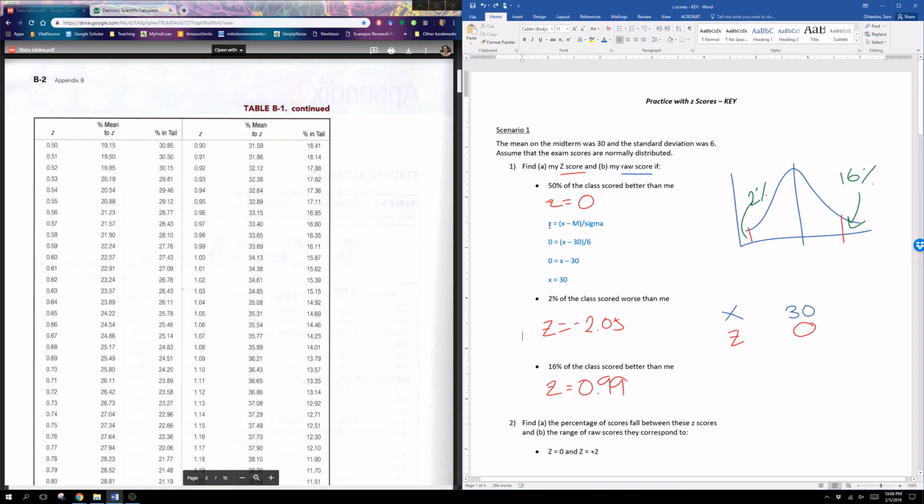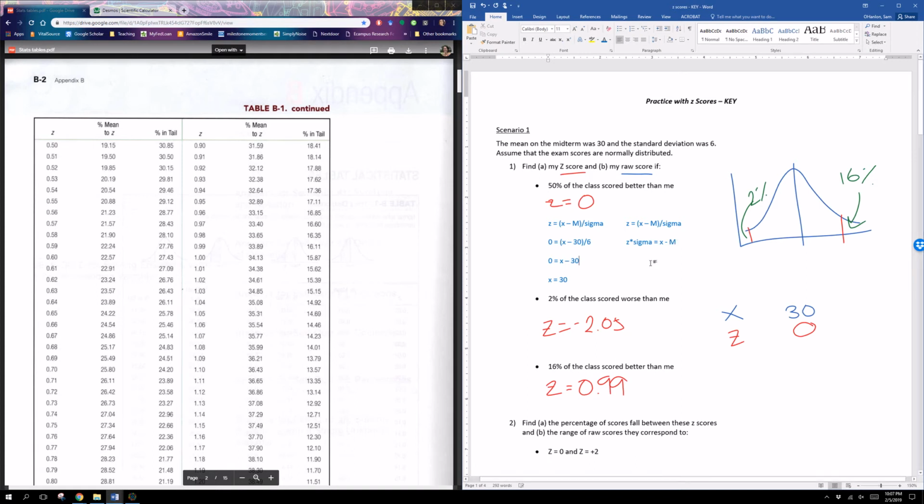Okay, so let's actually switch this into a general form equation where we solve for x. Okay, so if we've got z equals x minus m divided by sigma, we have z times sigma equals x minus m.